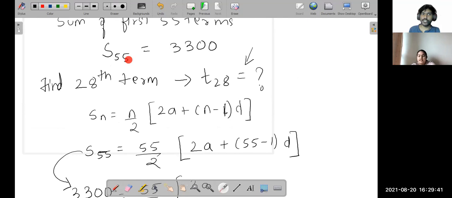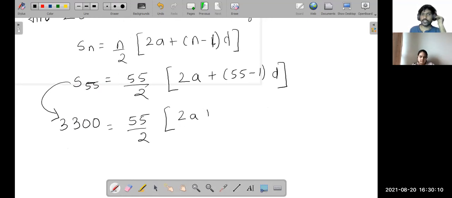See, when to write S of something and when to write only the thing. Here, S55 is given 3,300. So you have to substitute in place of S55, 3,300. If just the value of n is given, that is what you have to write in the subscript, then you write just S55. Clear? Yes.